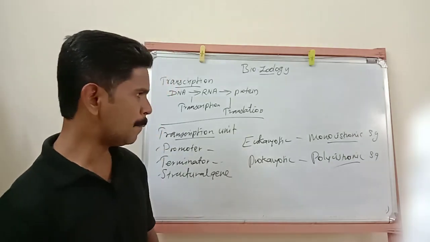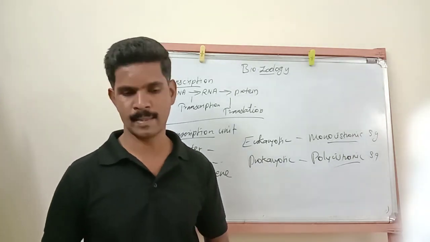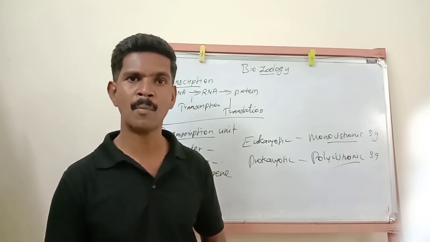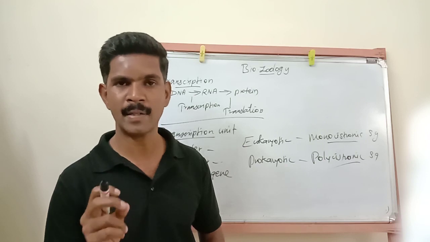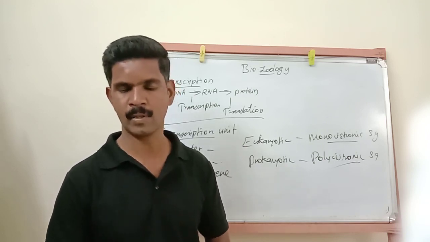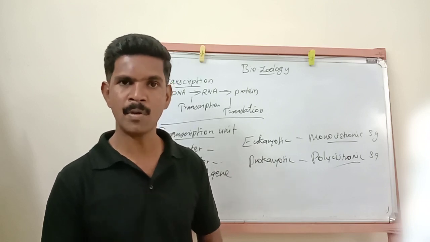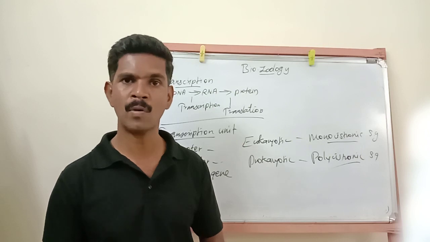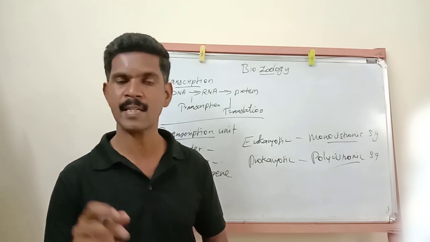Then see, in eukaryotic cells, the promoter region has more amount of adenine and thymine. Listen very carefully. In eukaryotes, some region of the promoter has more amount of adenine and thymine, AT region.